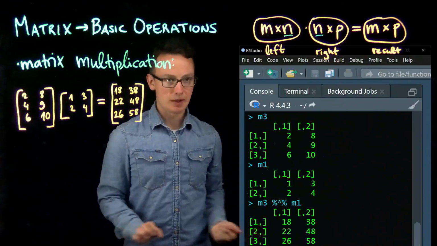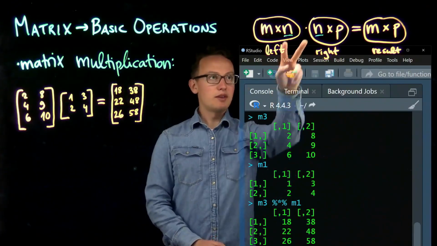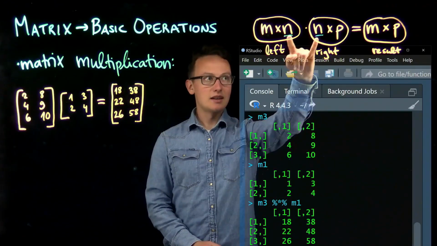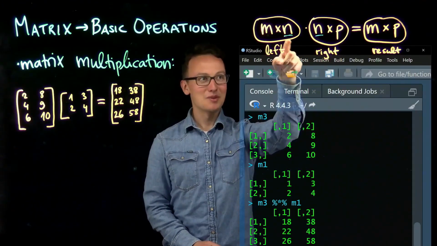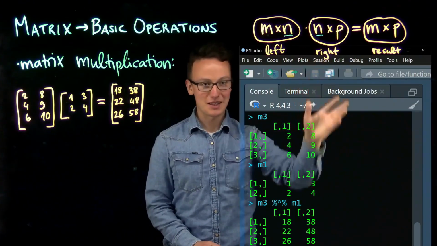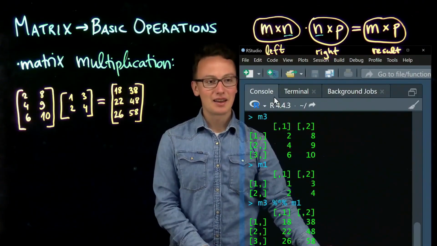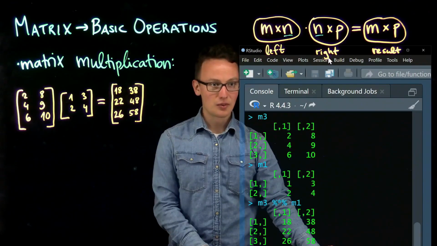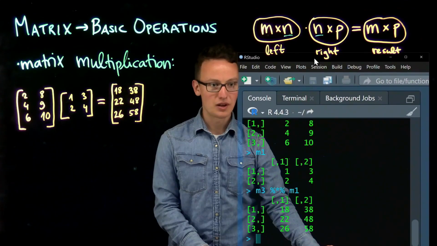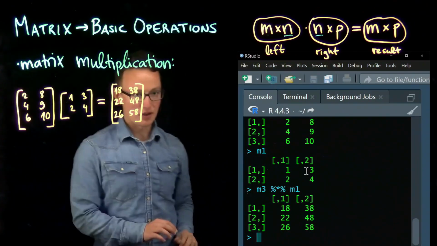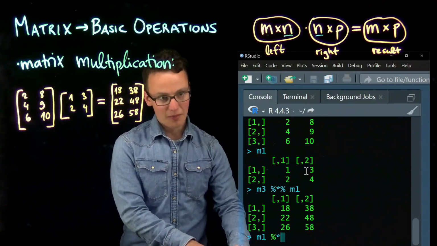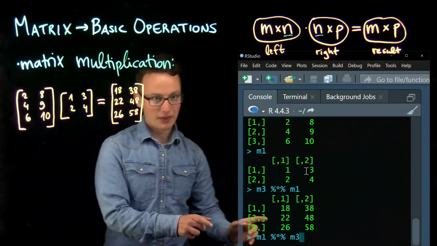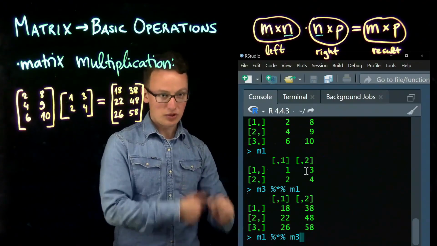Now, you can also see some counterexamples. So if this condition is violated, that n and n are equal, so that basically the number of columns on the left and the number of rows on the right is equal. If that's not the case, then we will get an error message. So we can indeed see that in R. If we take M1 and want to multiply this with M3 this way around, we should get an error.